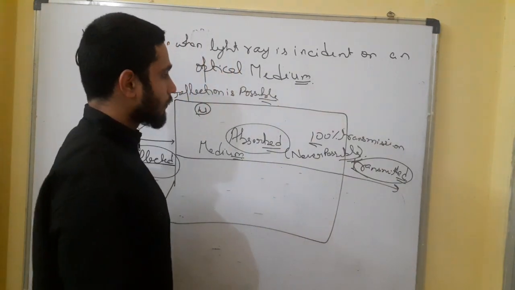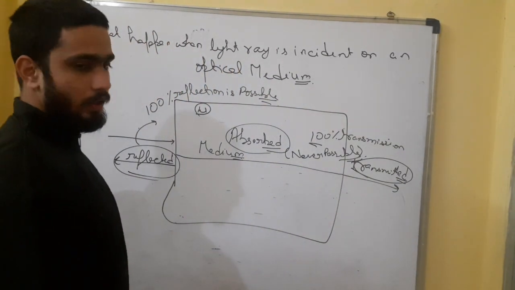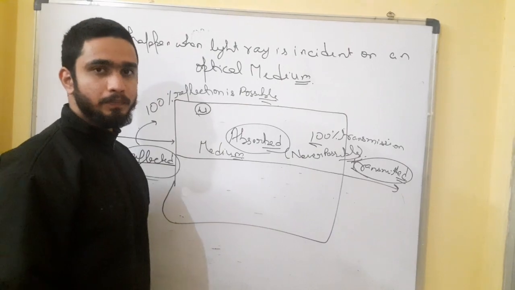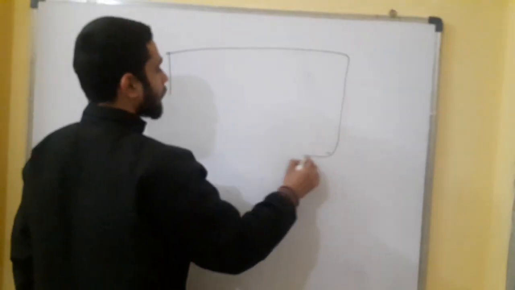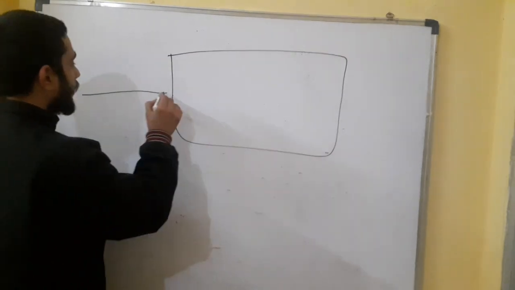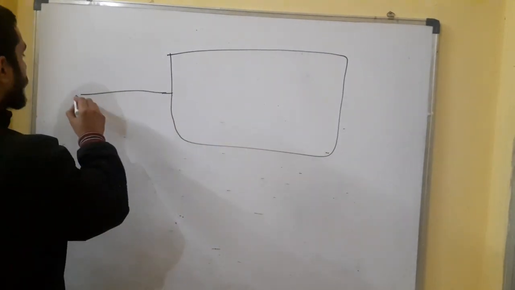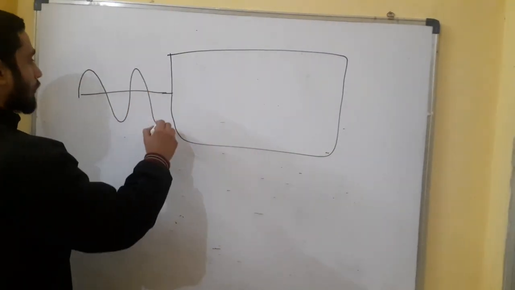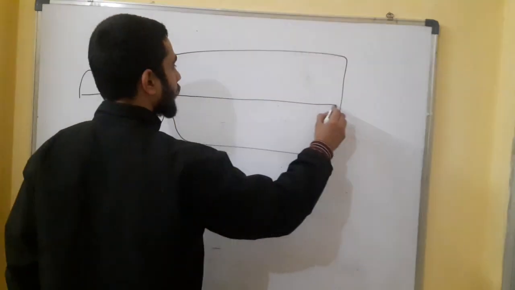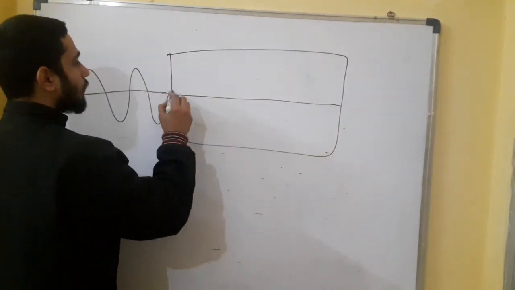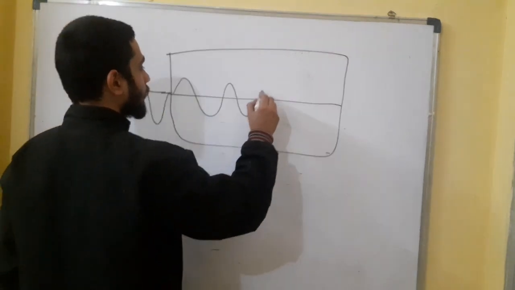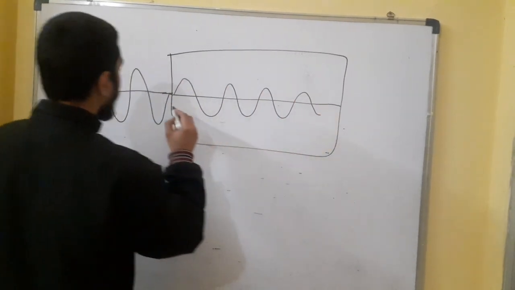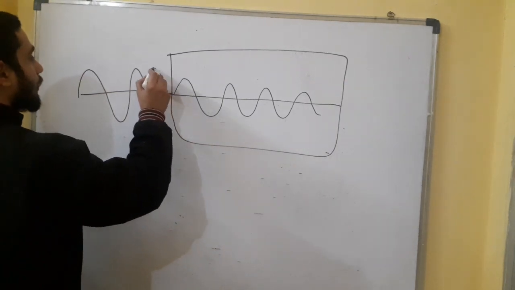Okay, so we can understand. Suppose a light ray is coming like this, then it will be transmitted like this, and reflected like this.